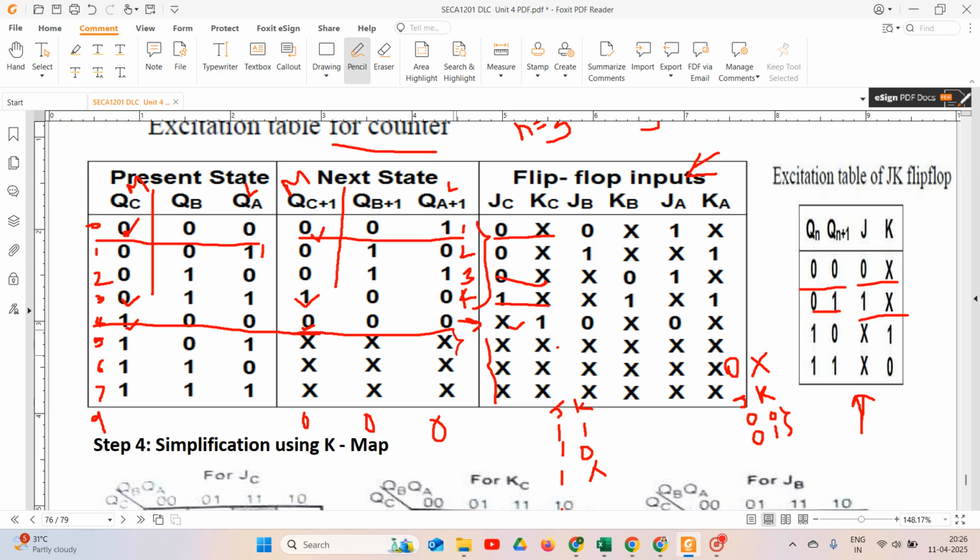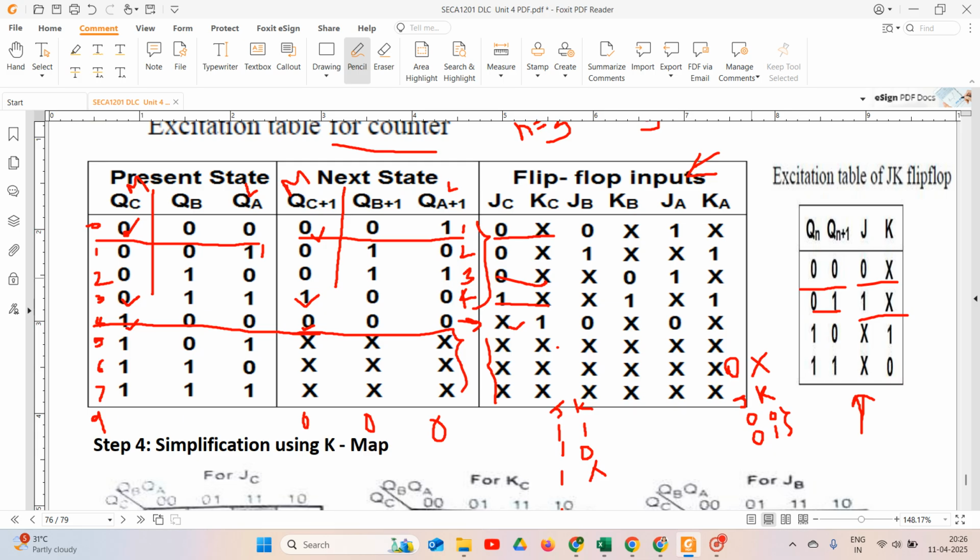So whatever we have written here, it is retained here itself also. Similarly for QB plus 1 and QA plus 1, you have to find out the inputs by using this excitation table.